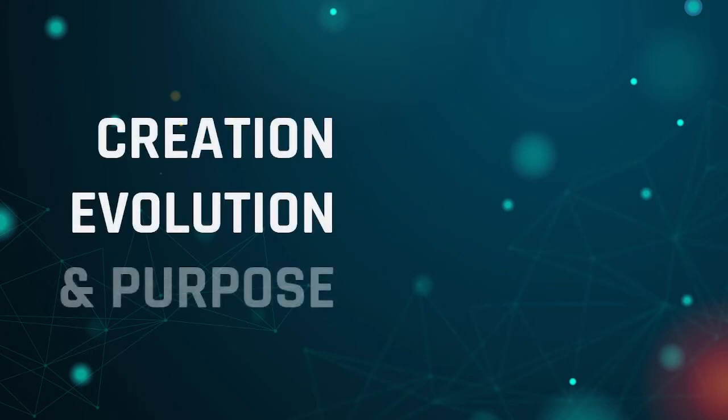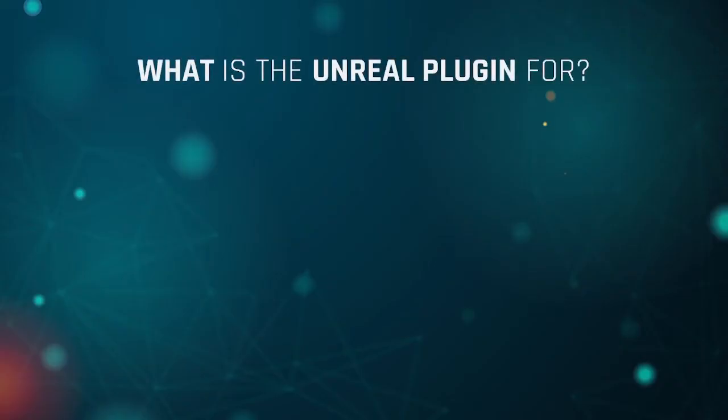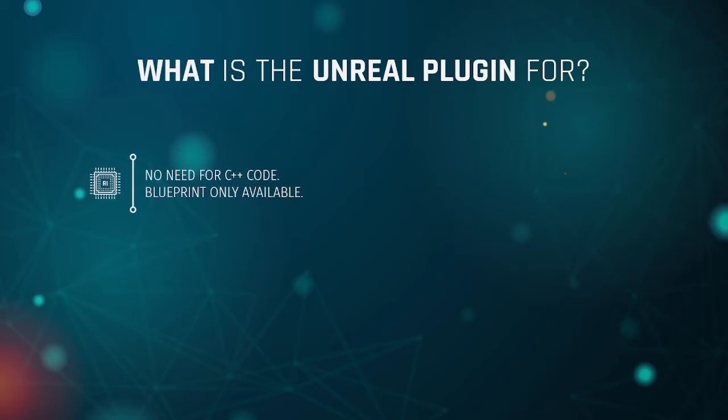So what was the creation, evolution, and purpose? How was it to create this one? If you need to prototype quickly, it's better to have something like Lua or Blueprints. You can configure and run pretty fast.